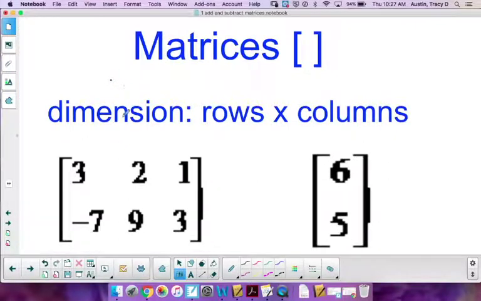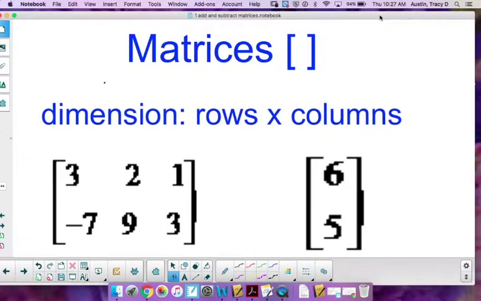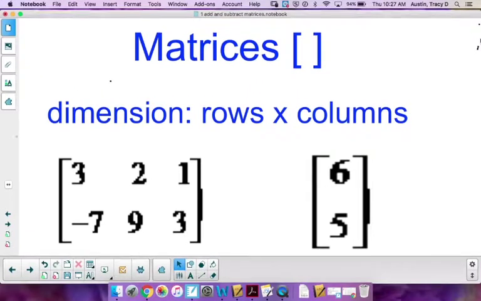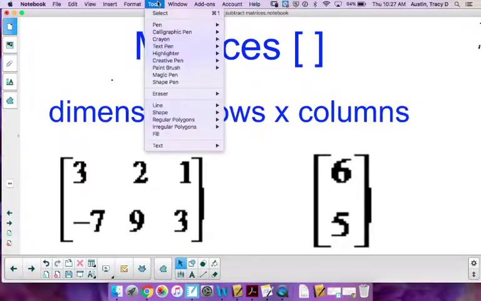All right, so rows by columns. This is going to be very difficult if it will not scroll. I wonder why it won't scroll. Very strange. Tools.